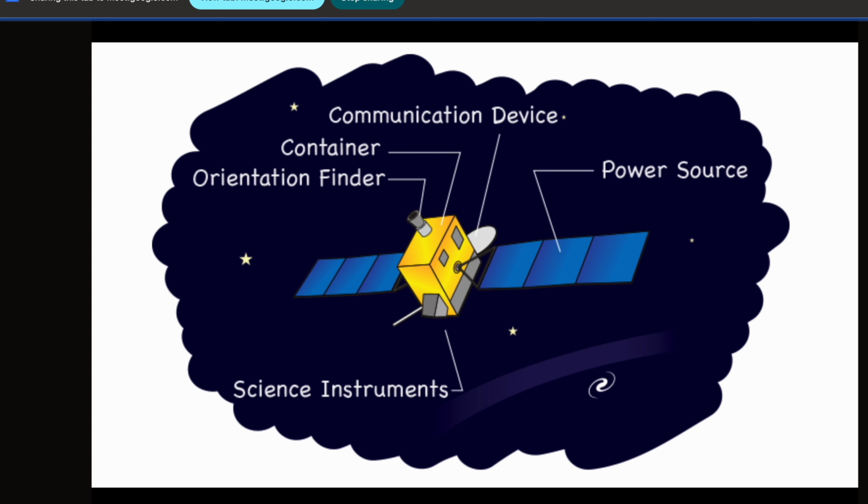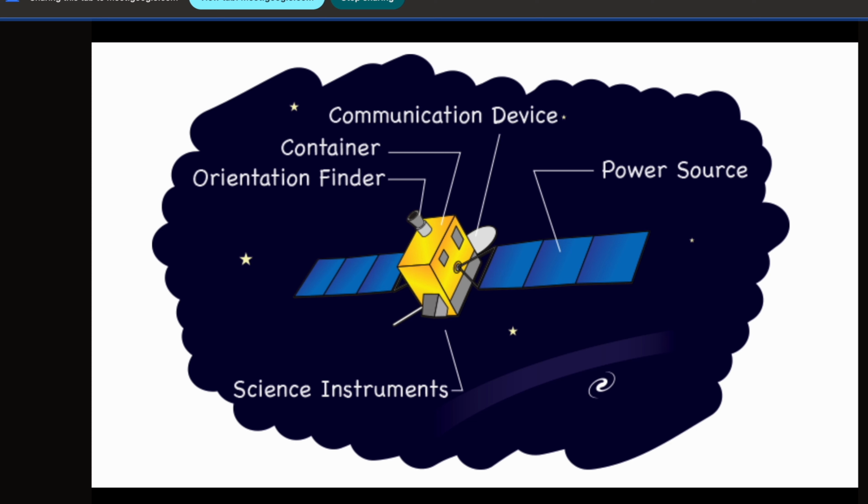From this image you can see the science instrument, it is written at the bottom. The science instrument is the instrument that is for observing. Observing means it can be a camera, it can be a radar, it can be any kind of sensor, thermal sensor or anything.